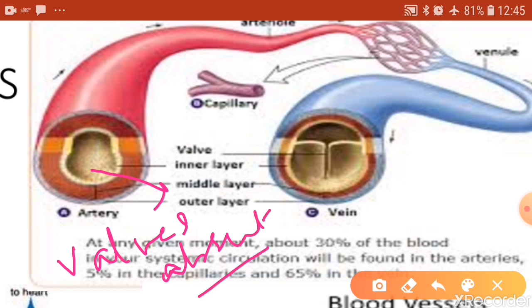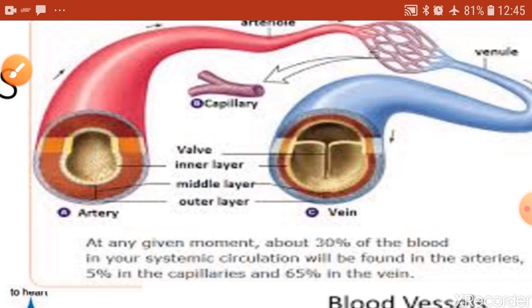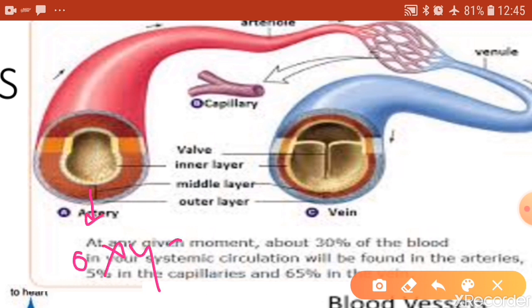One more very important thing is that most of the arteries carry oxygenated blood, that is the blood which is rich in oxygen. There is definitely an exception, the pulmonary artery, the artery which carries blood from the heart to the lung.